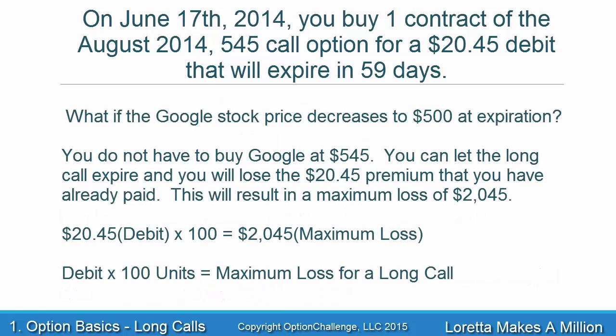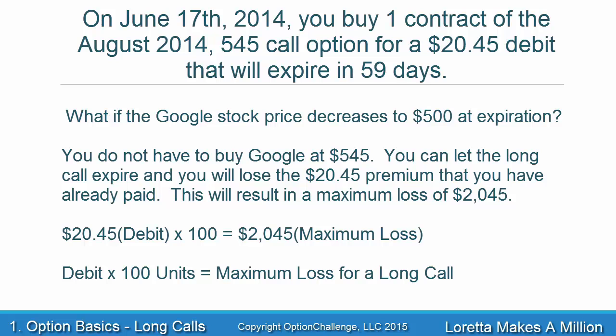Question: what if the Google stock price decreases to $500 at expiration? You do not have to buy Google at $545. You can let the long call expire and you will lose the $20.45 premium that you already paid. This will result in a maximum loss of $2,045.